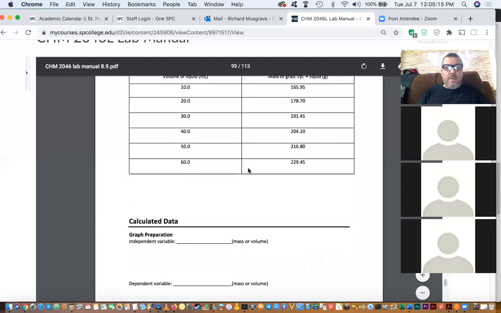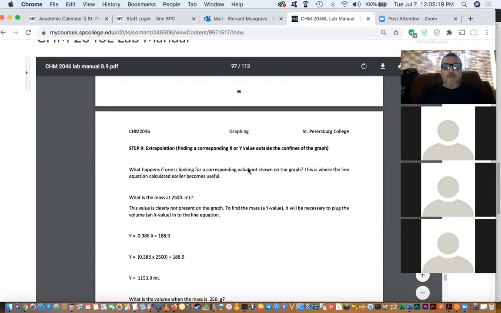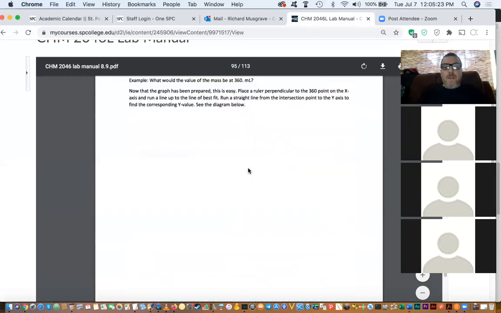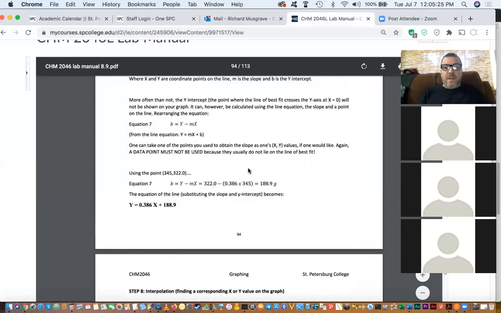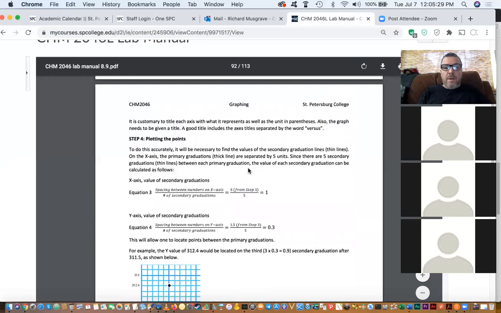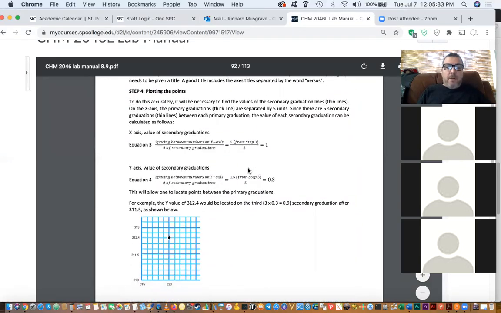All right, so let's take a look at that. If you actually want to plot something properly, you do have to worry about those secondary graduations. I go through it here in the section called plotting the points. I tried reading that, but I just didn't understand how it came about.